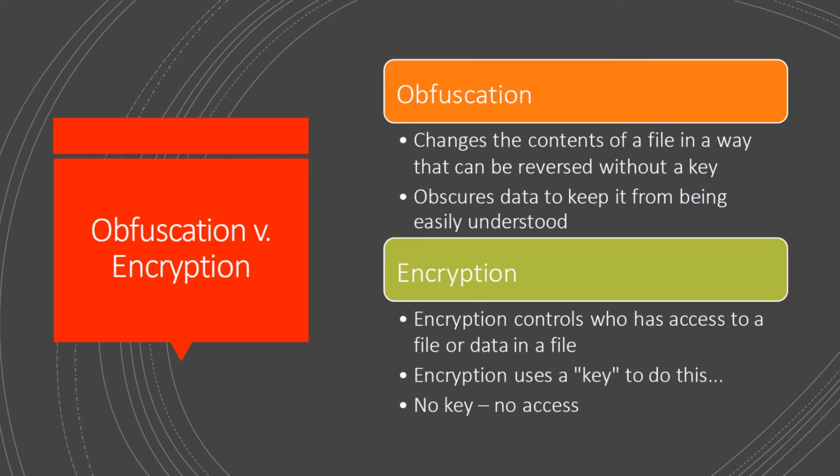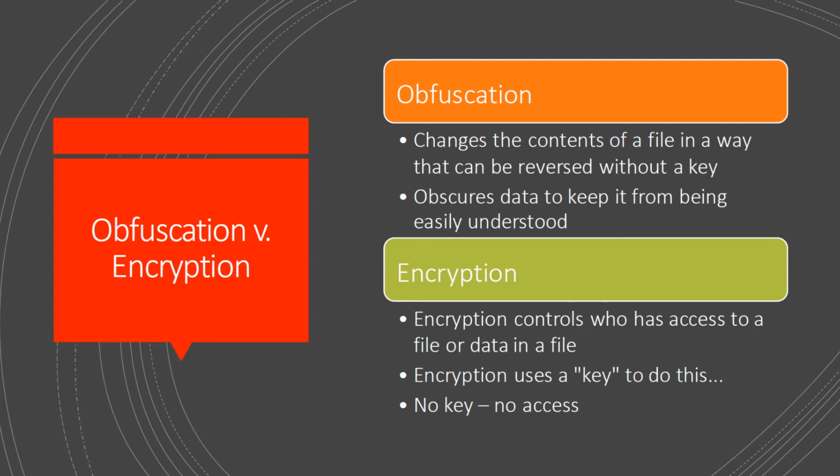So with that introduction out of the way, why you care, let's first define obfuscation. This is changing the contents of a file or changing data in a way that can be reversed without having a secret key. Meaning you're going to follow some sort of method that may be publicly known to change the characters of data so that you can reverse it.